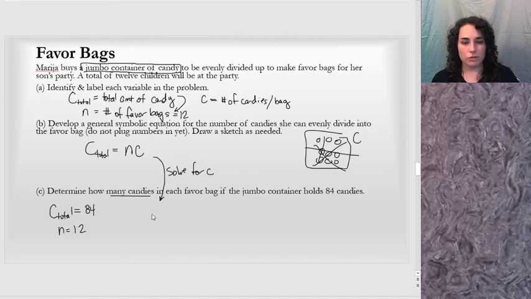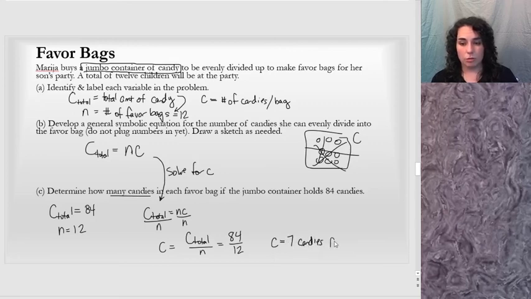So if I want to solve for little c, I would divide each side, and I will get quicker about doing algebra as I move forward with the curriculum. So solve for c. We're going to divide by n on each side, so we're going to get the number of candy per bag equals the total number of candies divided by the number of bags, which you may have already thought about this. We're going to take 84 and divide by 12. If you're good at math or recognize that right away, you could plug it in your calculator, but this is 7 candies per bag. And that is the answer.